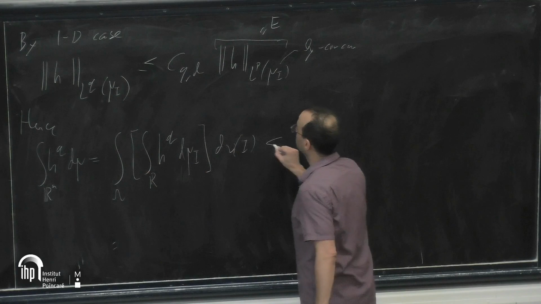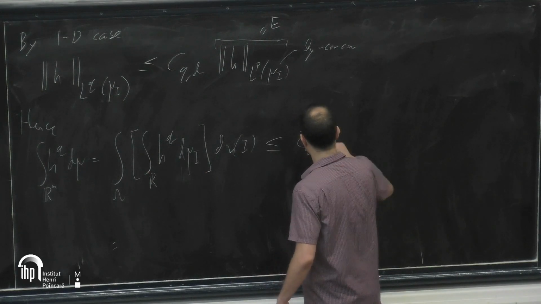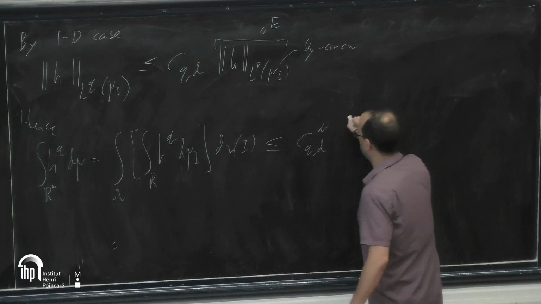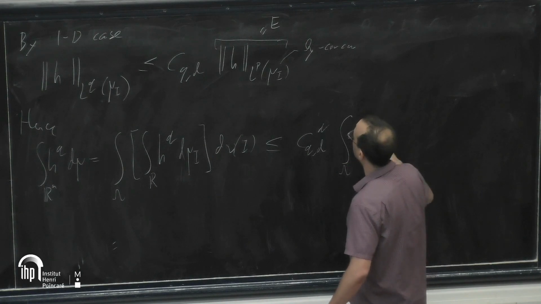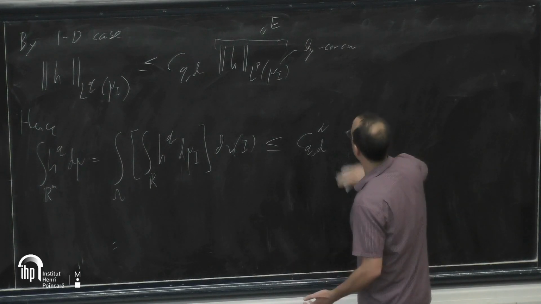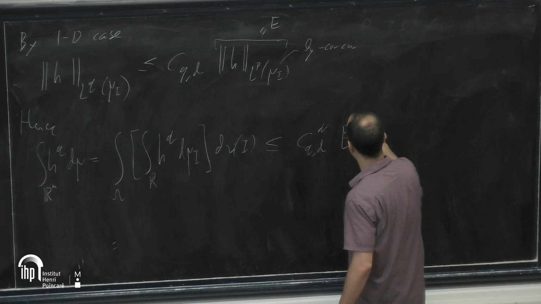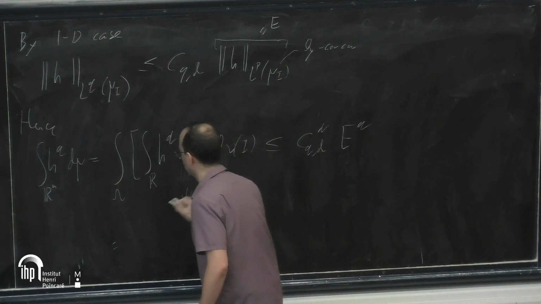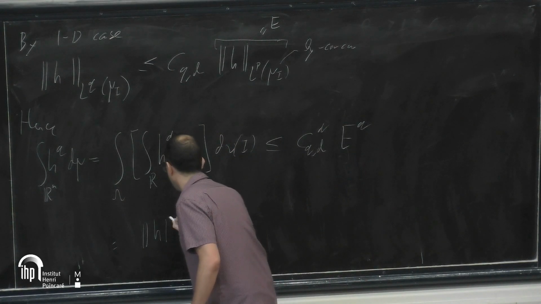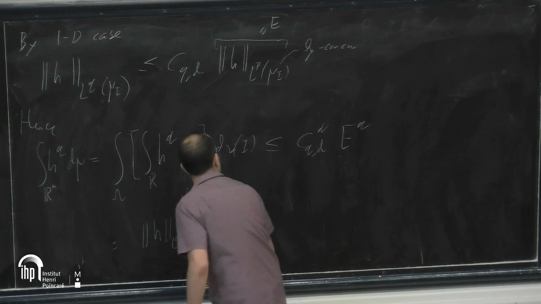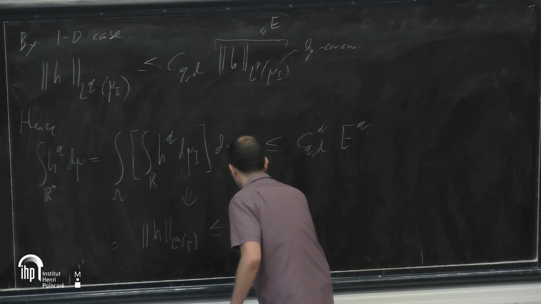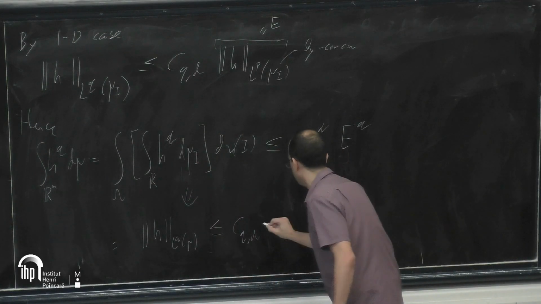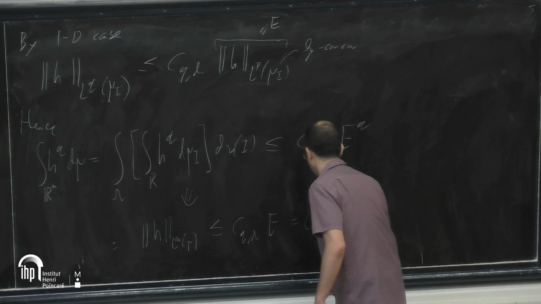And this is at most C_{Q,D} to the power Q times E to the Q. Or if you want, this means that the LQ norm of H with respect to mu is at most C_{Q,D} times E, or C_{Q,D} times the LP norm.